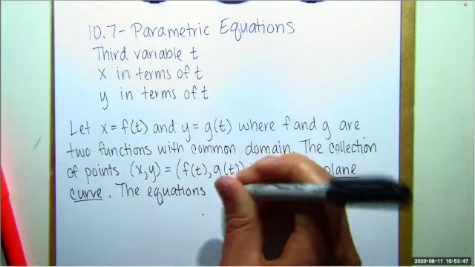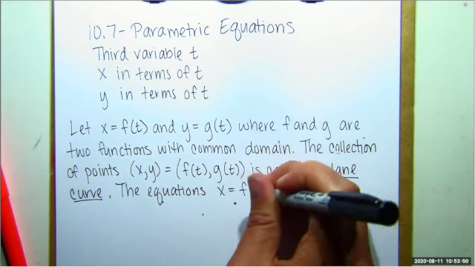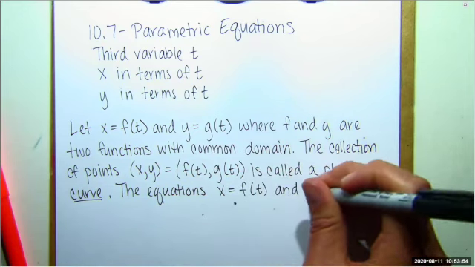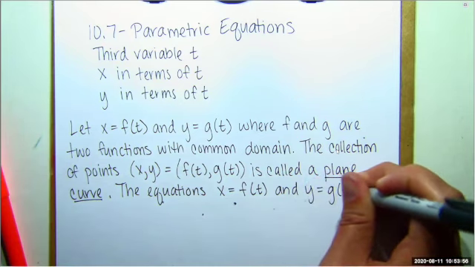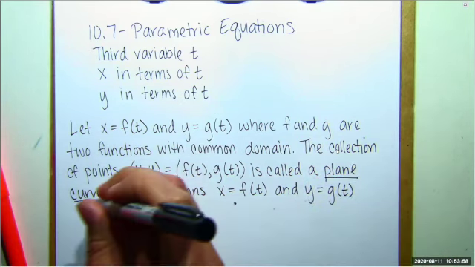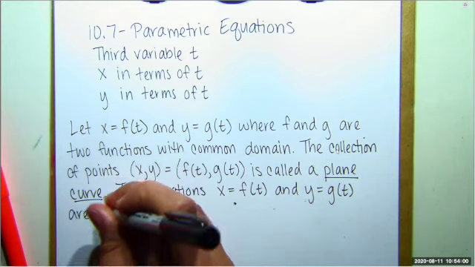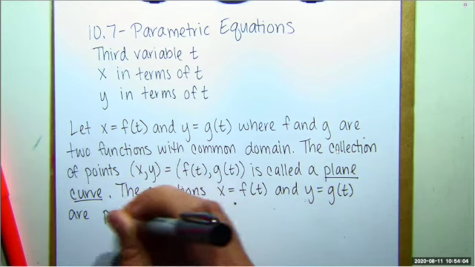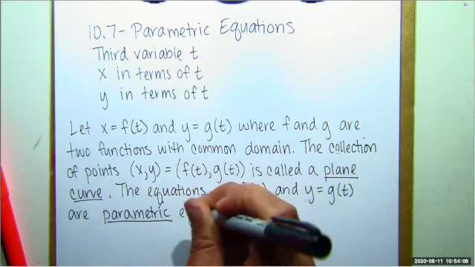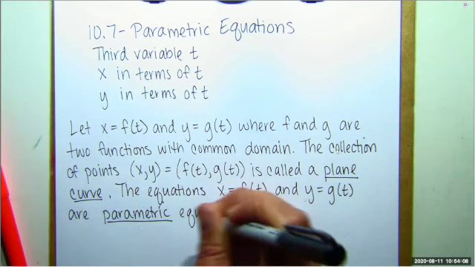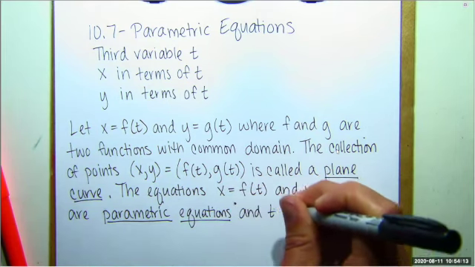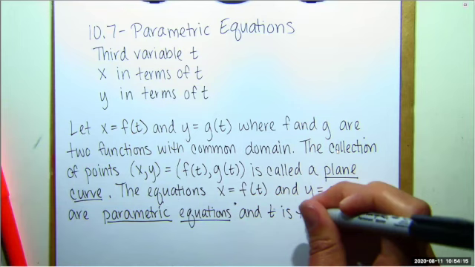The equations x equals f of t and y equals g of t are called parametric equations. And t is called the parameter.